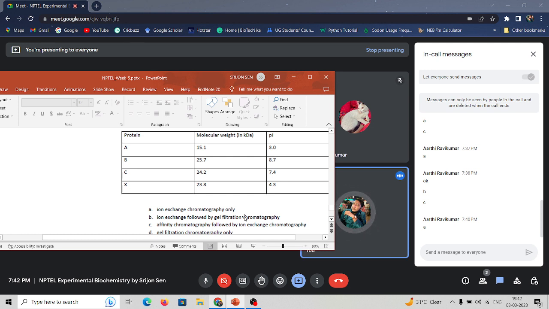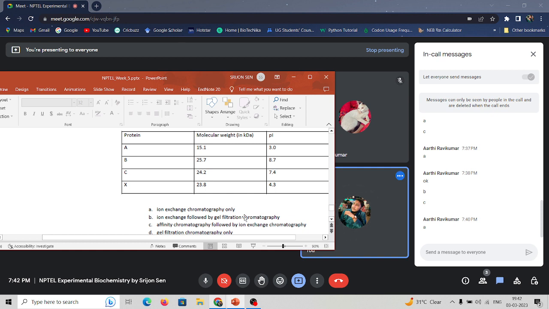First you separate A and X. So first you perform ion exchange chromatography and you separate A and X, so A is gone. After which you go for your gel filtration chromatography.